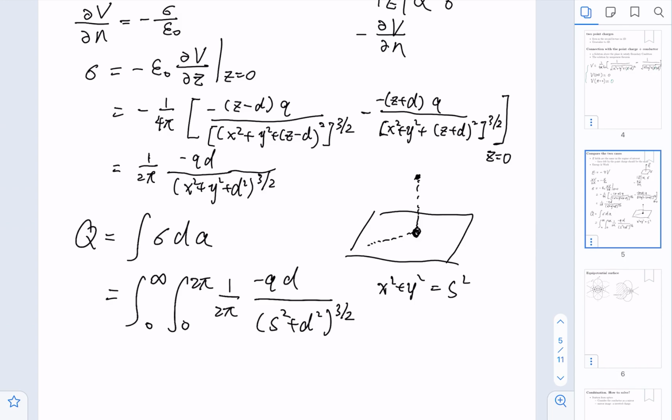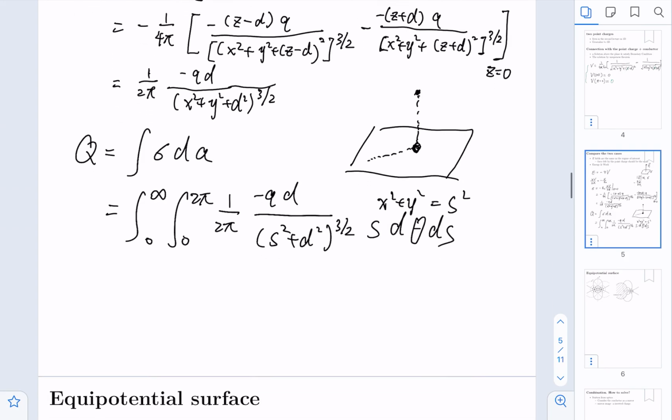And here on the right should be s d theta ds. Now the angular integral simply gives you 2 pi, which cancels this 2 pi.